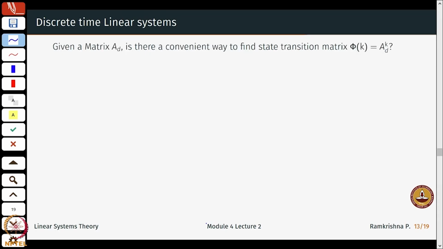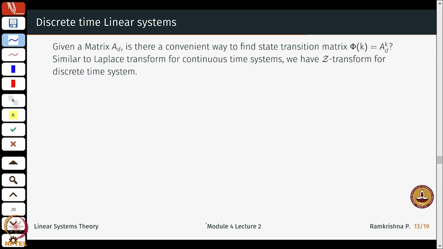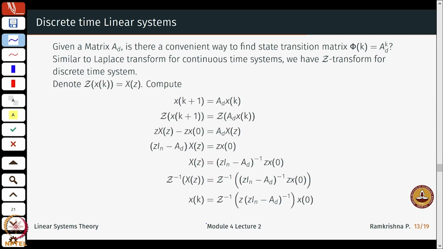Okay. Now, again a similar exercise: how do we compute this matrix A power k? Is it always easy to multiply the matrix n times? Well, similar to the Laplace transform in the continuous time domain, we now have a powerful tool called the Z transform.